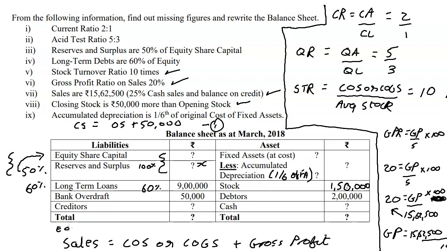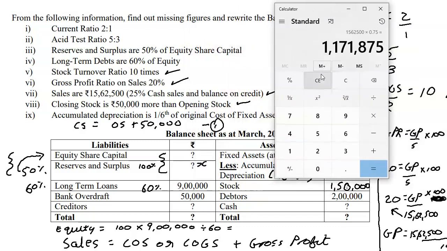So I'm going to say that equity is equal to 100 into 9 lakhs divided by 60. 100 into 9 lakhs divided by 60 gives you 15 lakhs.